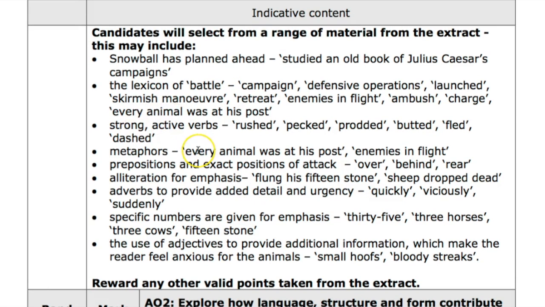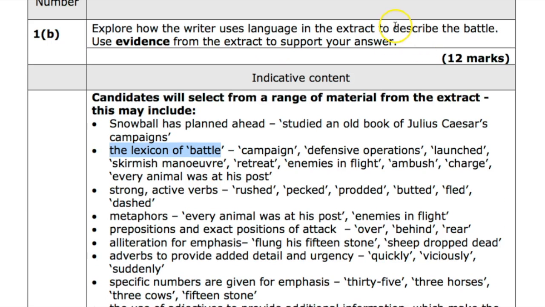So again, we want to see your knowledge of literary terms. So things like the lexicon of battle. The question is asking about the writer's ability to describe the battle. So in this extract, we have words that relate to battles: campaign, defensive operations, launched, skirmish, maneuver, retreat, enemies in flight, ambush, charge, every animal was at his post.